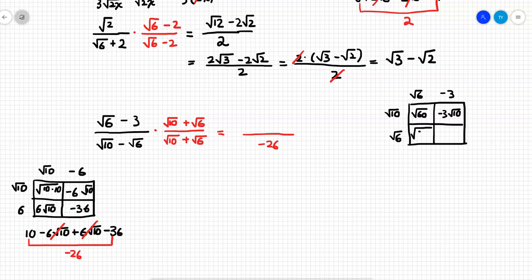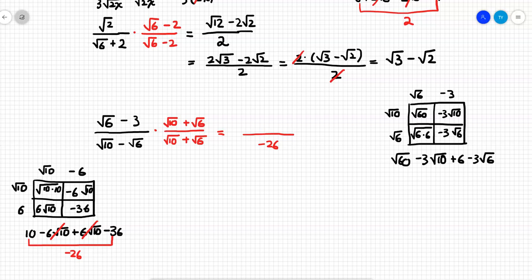Square root of 6 times square root of 6 comes out as 6. Then I have a minus 3 square root of 6.